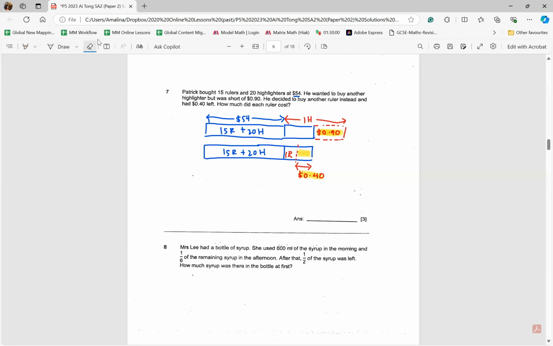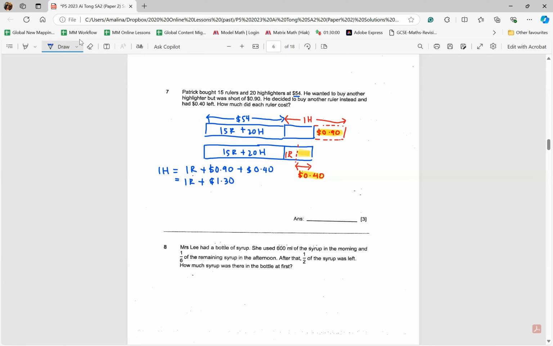So if I want to rewrite this equation, I can say that my one highlighter is equal to my one ruler plus 90 cents plus 40 cents. So it's 1R plus $1.30. That's the difference in the cost.